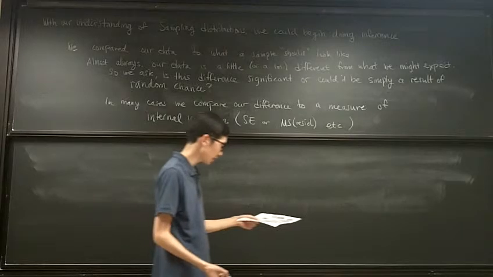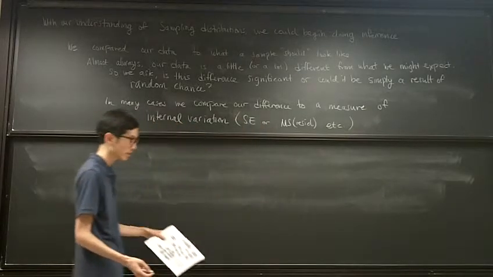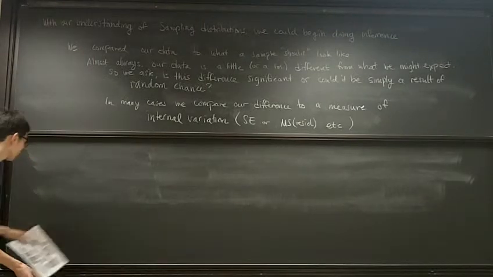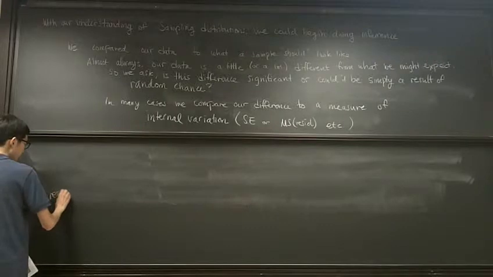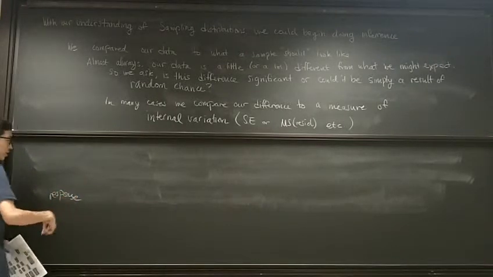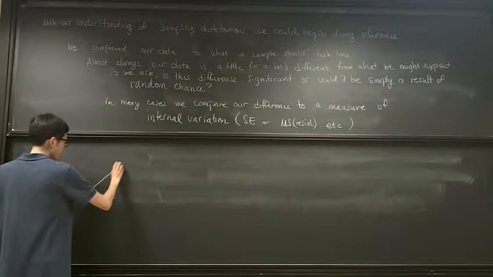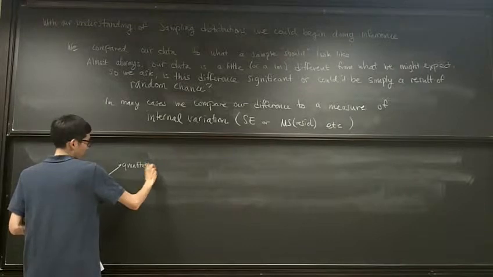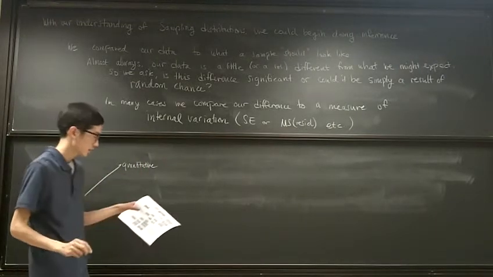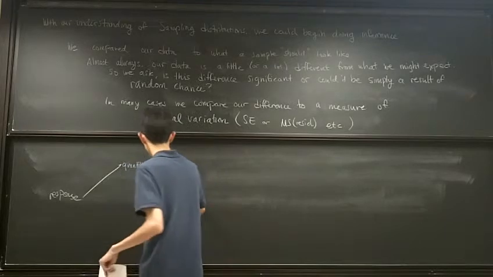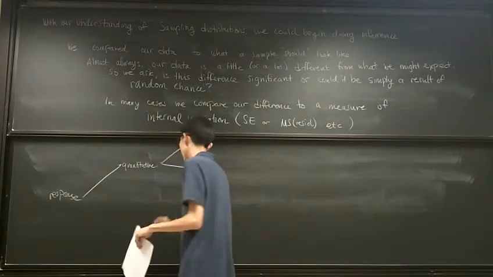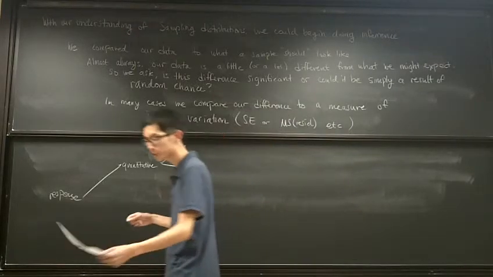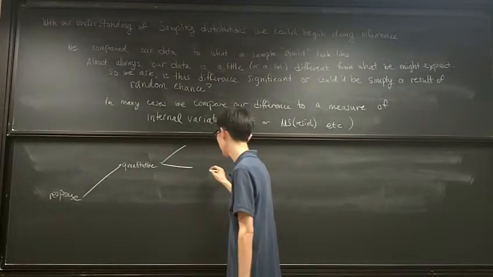Okay, so if the response that we're looking at is numeric or quantitative, then we've got a selection of methods. So we ask, is our response quantitative or categorical? If it's quantitative, we've got certain methods that we use. When we first started, we asked, is our predictor categorical?